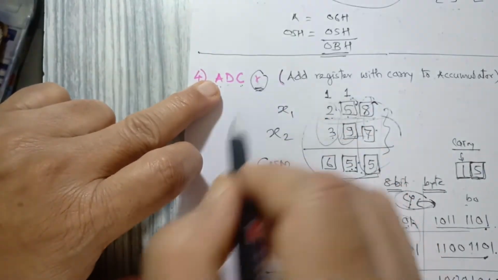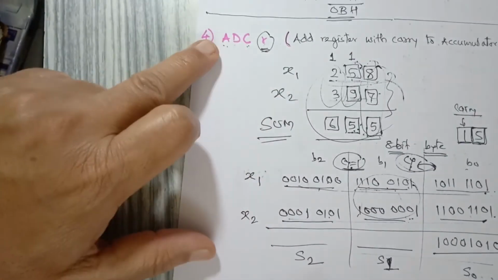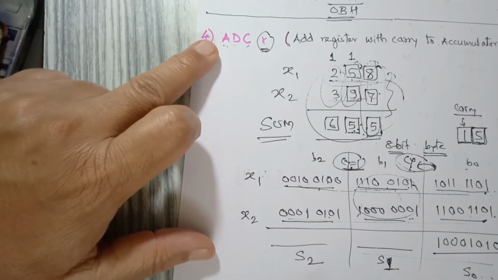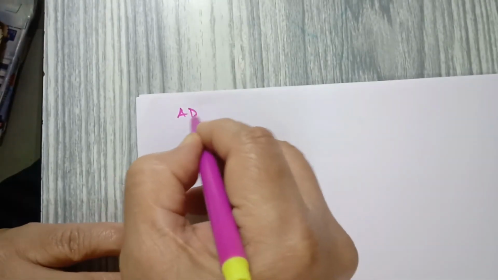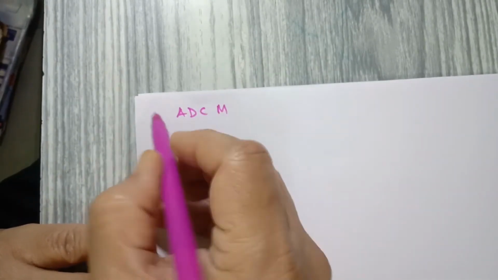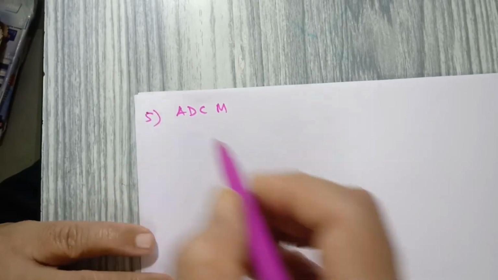So this is ADC R, add register with carry to accumulator, and you can understand that this idea can be extended to the next instruction, that is ADC M. This is I think the 5th instruction.